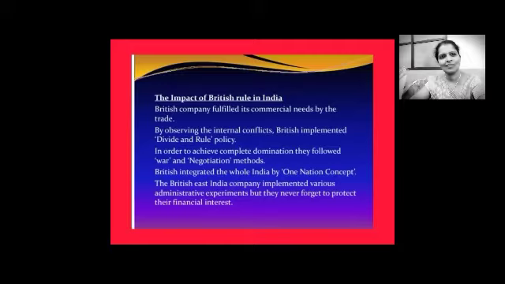British integrated the whole India by one nation concept. The British East India Company implemented various administrative experiments, but they never forgot to protect their financial interest. Children, British followed many methods to establish their rule in India.